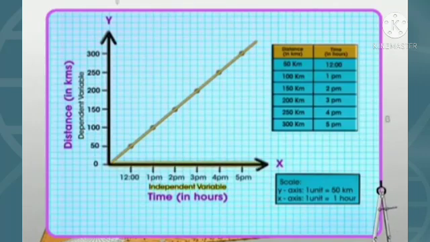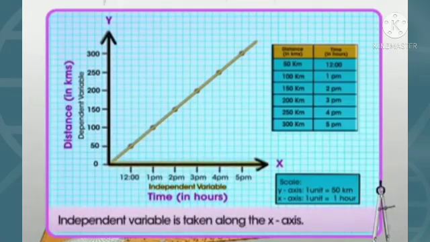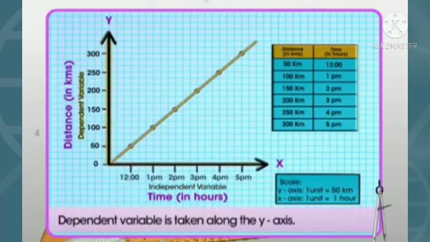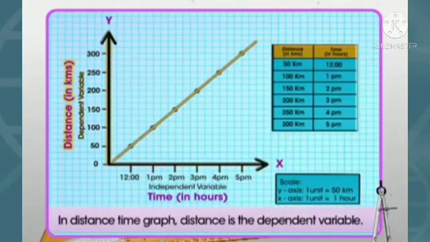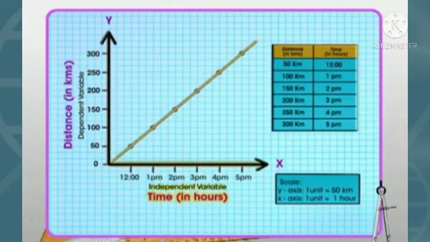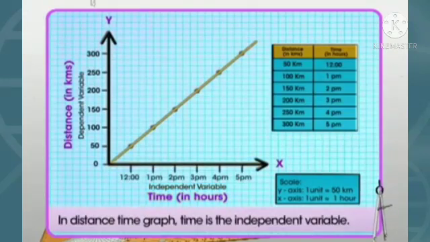Conventionally, the independent variable is represented along the x-axis while the dependent variable is taken along the y-axis. In the distance time graph, the distance covered depends on the time taken. So, here the distance is the dependent variable and the time is the independent variable.